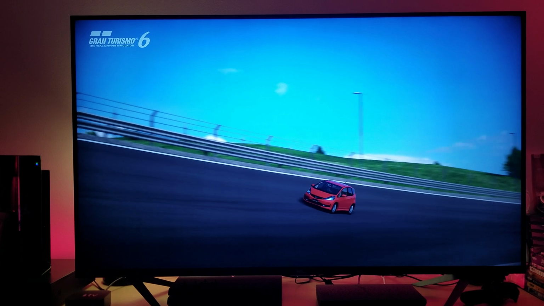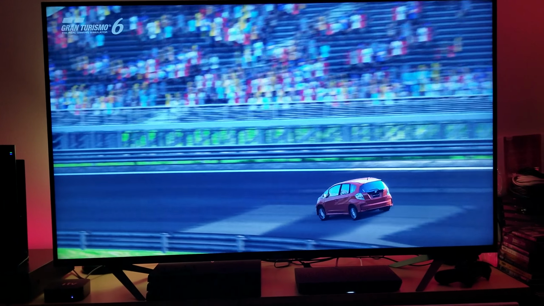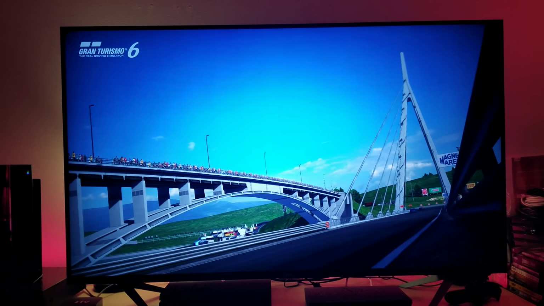And when you have that native source 1080p resolution upscaled to this television in 4K, well, guess what? That 8.3 million upscaled pixels will look much better on a native 1080p source instead of 720p. And this is why it looks so good.